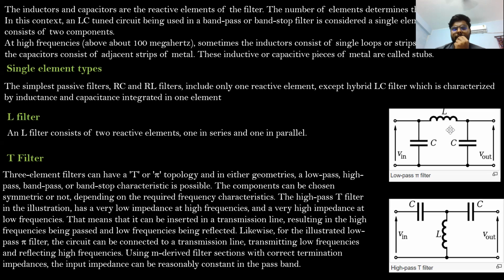That means that it can be inserted in a transmission line, resulting in high frequencies being passed and low frequencies being reflected. Likewise, for the illustrated low pass pi filter, the circuit can be connected to a transmission line, transmitting low frequencies and reflecting high frequencies. Using m-derived filter sections with correct termination impedance, the input impedance can be reasonably constant in the passband. Now we will move to the next slide.